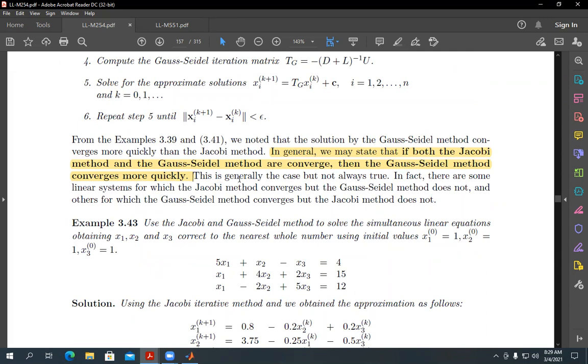But this is generally the case, not always true. In some systems, but very few, they converge almost the same way. And as I told you, there are some linear systems where the Jacobi method converges but Seidel does not, or Gauss-Seidel converges but Jacobi does not. But we do not discuss that here.